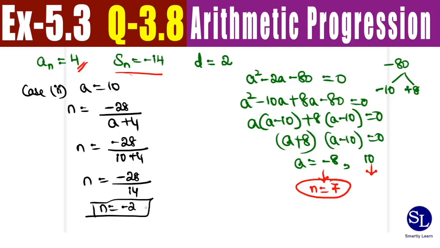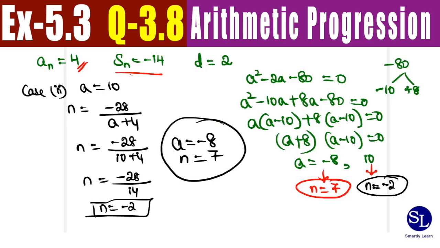You need to understand the negative value of n. n is minus 2. n actually indicates the number of terms in an AP. Therefore, n cannot be negative. Since n cannot be negative, I'm going to discard the value of 10 for a and say a is equal to minus 8 and n is equal to 7.